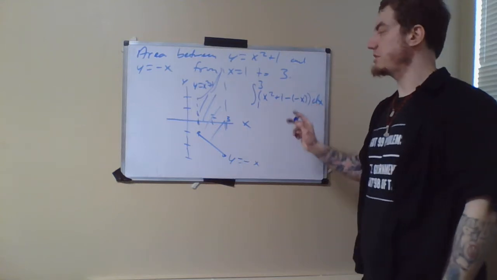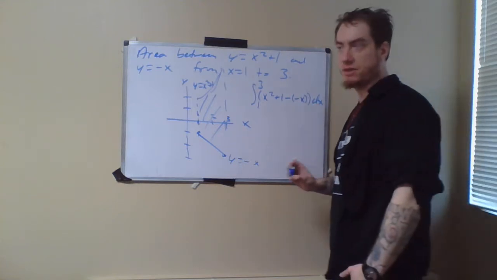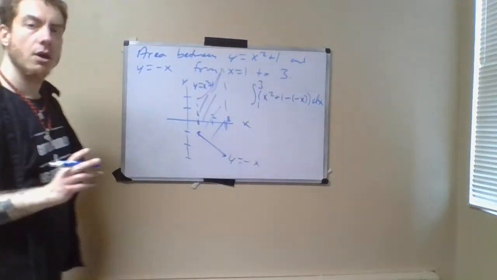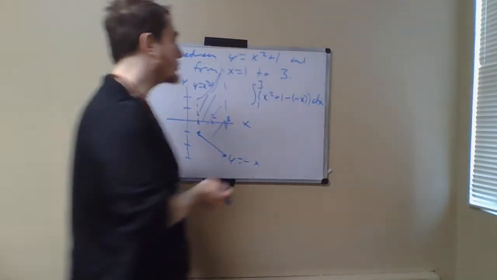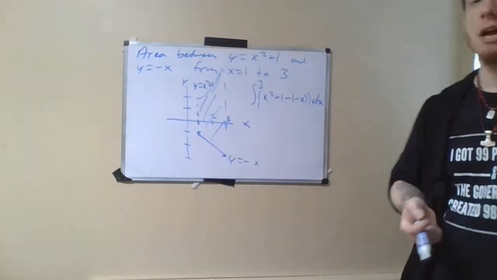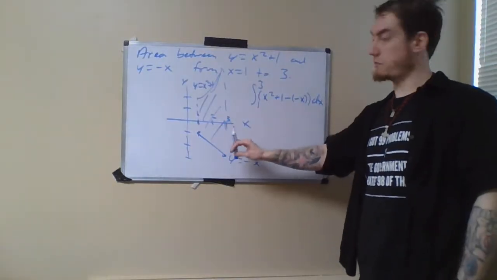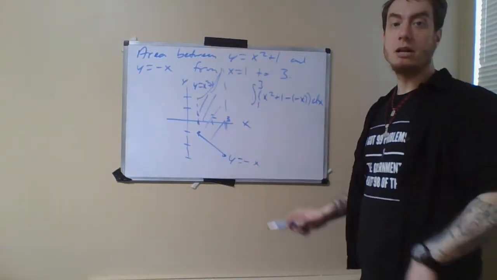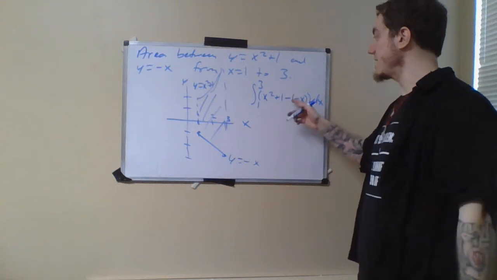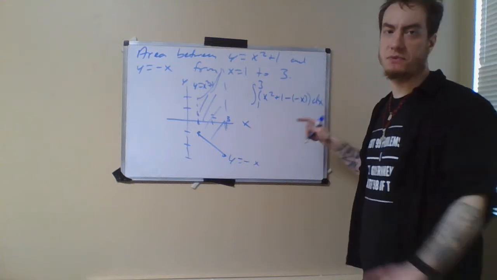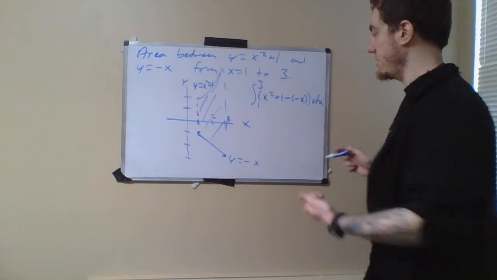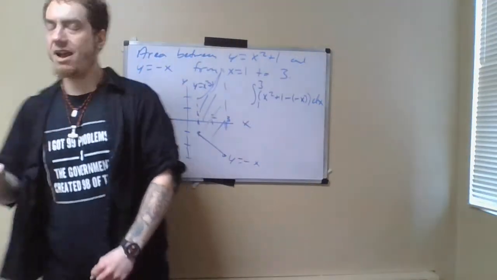That's why I put this into parentheses here. So that is something to be somewhat careful about when you are doing these types of things. Make sure you subtract the entire bottom function from the entire top function. Don't just put the minus sign and then write the other function, because if there's more terms, you're going to mess it up.